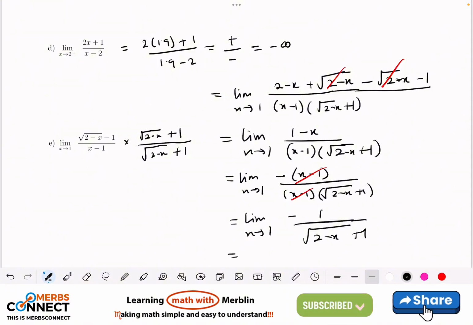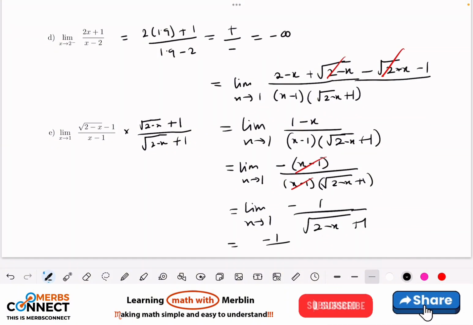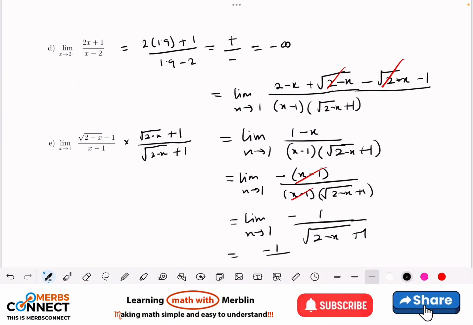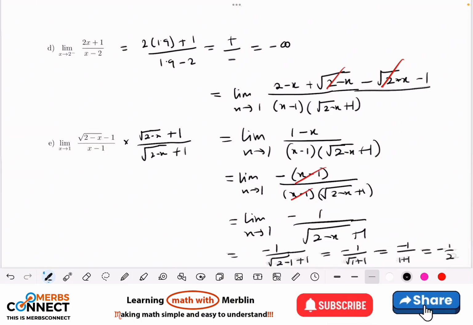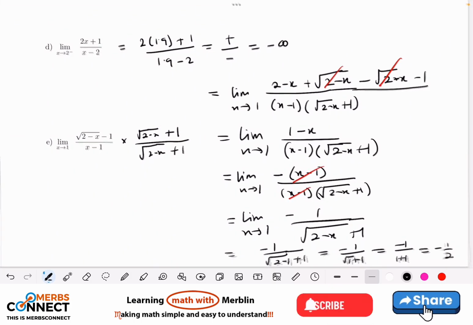When I plug in the 1, I'm going to have root of 2 minus 1 plus 1. So this is minus 1 divided by root 1 plus 1, then minus 1 divided by 1 plus 1, and this is minus 1 over 2, right? Very simple. I'm going to get minus 1 over 2.